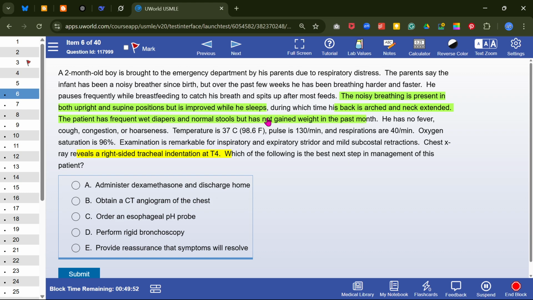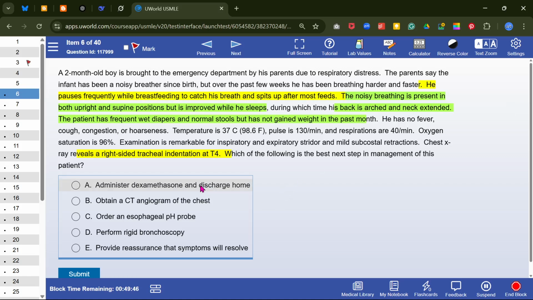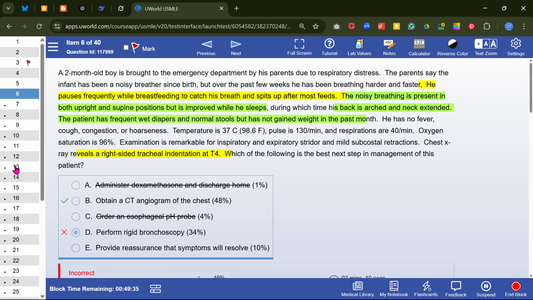And no, it's not GERD. It's B, vascular ring.